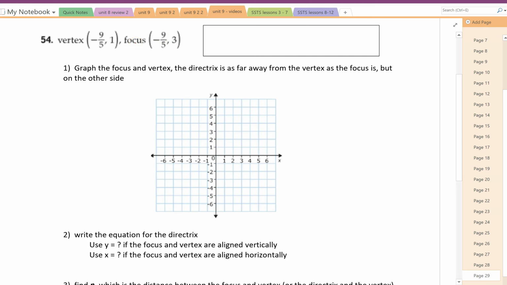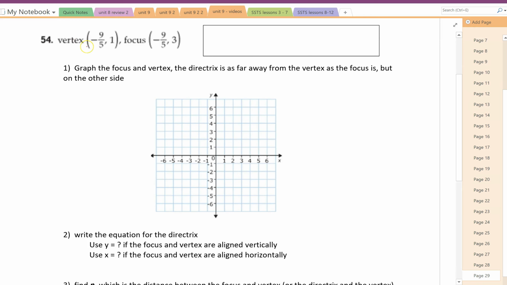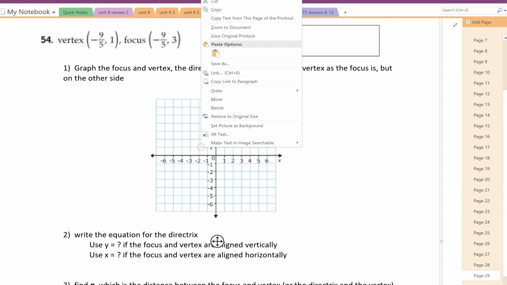So the vertex, it says, is at (-9/5, 1). So -9/5, if I did that on a calculator to see what it was as a decimal, it would be almost -2. It's actually going to be -1.8. So what I want to do, if I want to plot the vertex, is I'm going to go back almost to 2 and then up 1. So the vertex would be about right there.